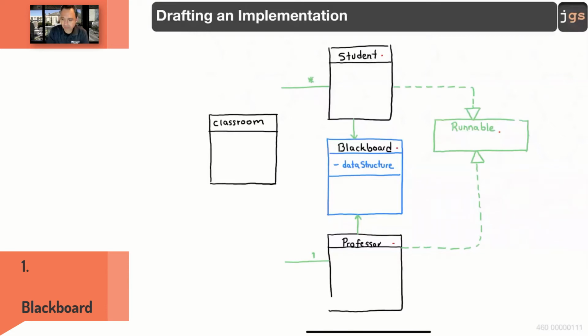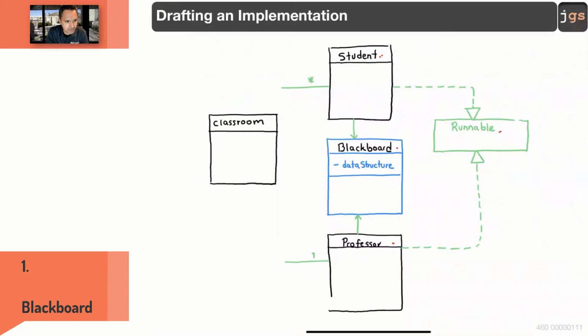So an interface, my class, an interface, my other class, the relationship between those classes, my student and my professor, they are going to be connected with Runnable, and they are going to be connected in this way. Hopefully you remember realization, inheritance between a class and an interface. The parent is the interface.